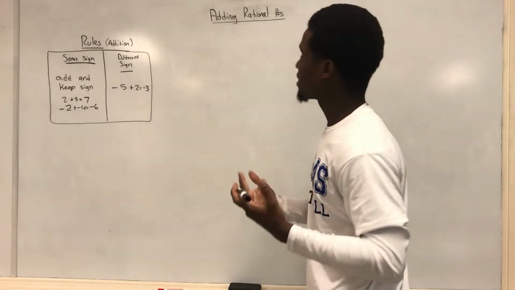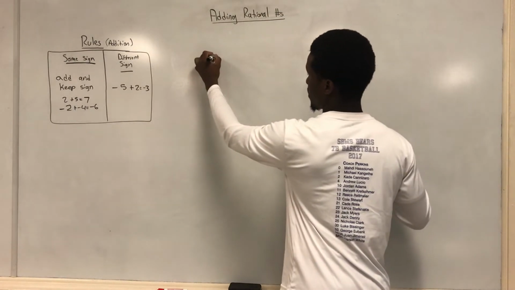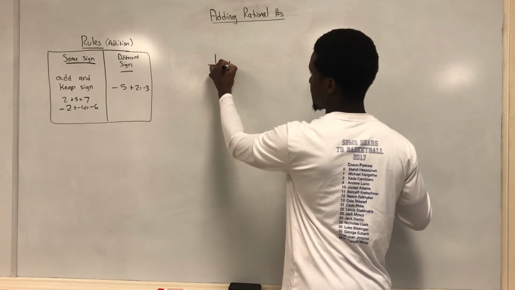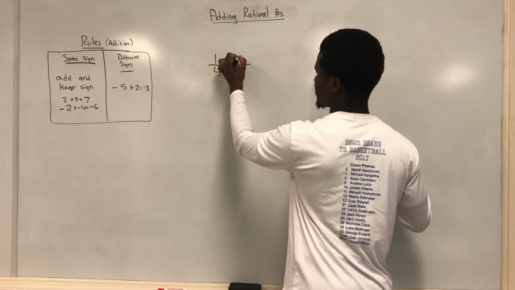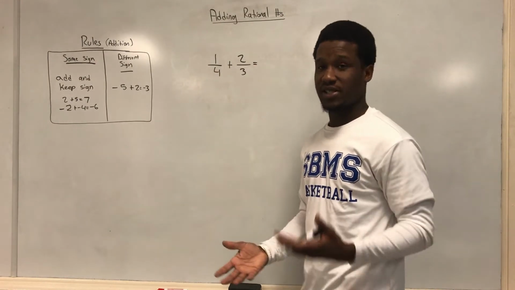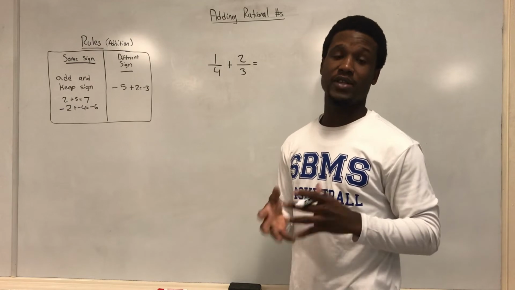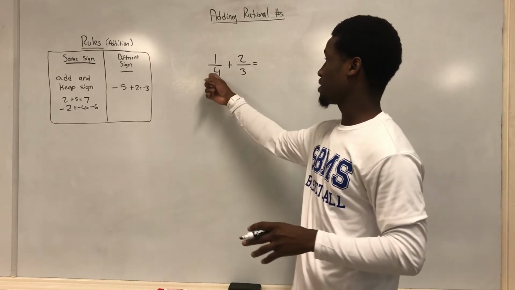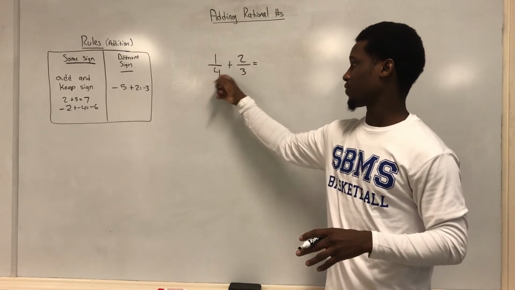Okay? Now, let's go ahead and try something else. That's decimals. Let's take a look at fractions. So I have 1/4 plus, let's say, 2/3. Now, the rule about fractions is you cannot add or subtract if the denominators are not the same. As you can see, my denominators here are different.